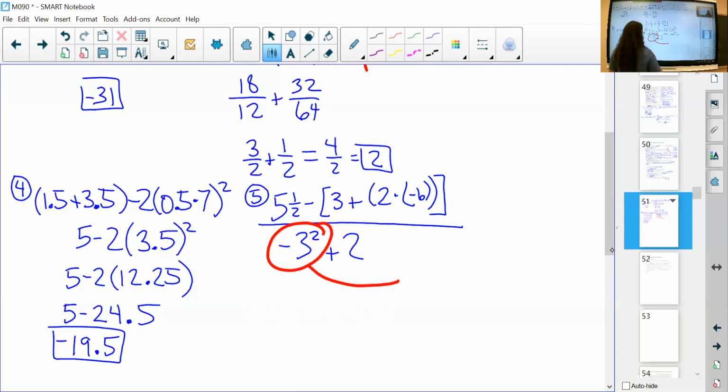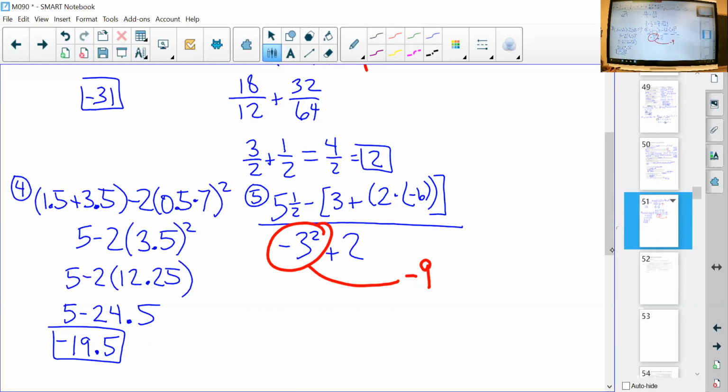Negative 3 squared. Let's think about order of operations just for that. Do I have any grouping symbols? No. Do I have exponents? Yes. So where do I start? I start with the 3 squared. 3 squared is 9. And then I tack on my multiplication by a negative, by negative 9. So negative 3 squared is negative 9.